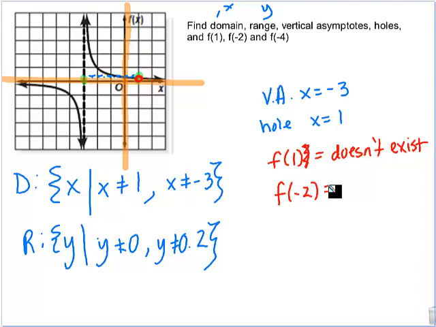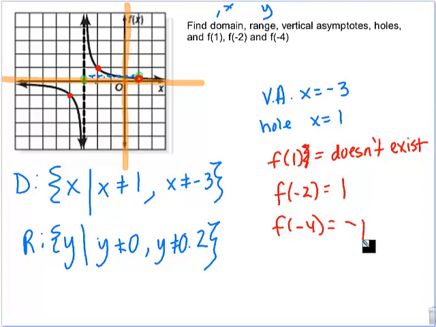So f of -2. So you go over to -2 on your x. You go up and find your graph. Here's your graph. What's your y value at that point? 1, so f of -2 is equal to 1. And then the last one it asks for is f of negative 4. So you go over to negative 4, find your graph, and what's your y value?